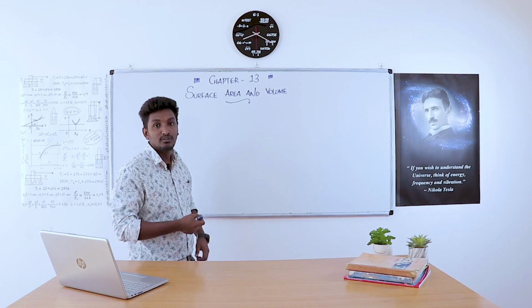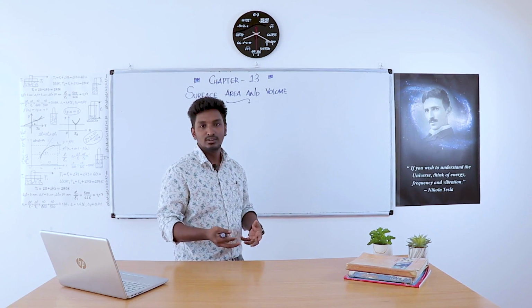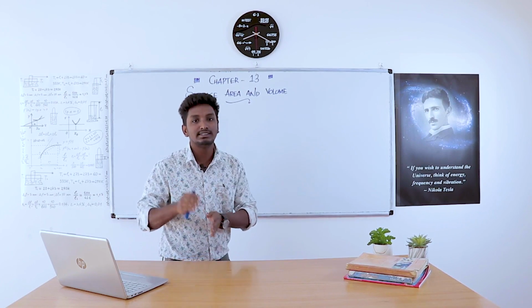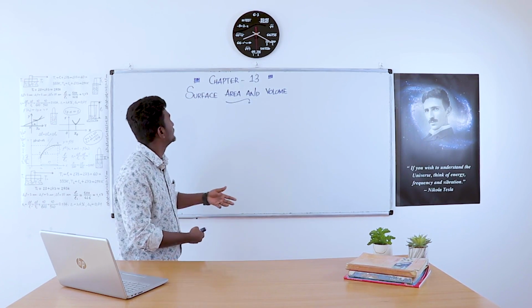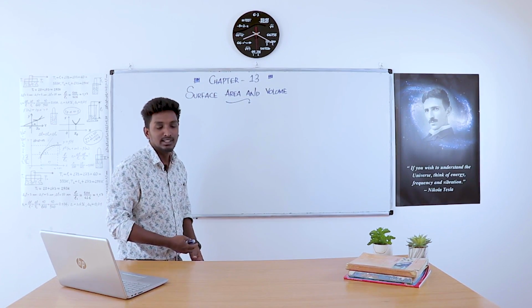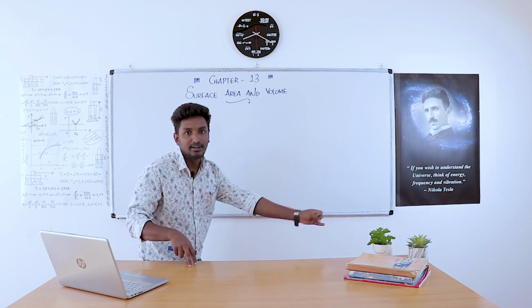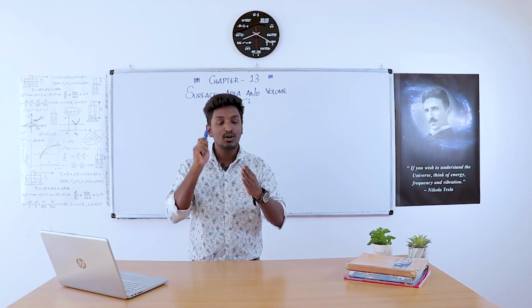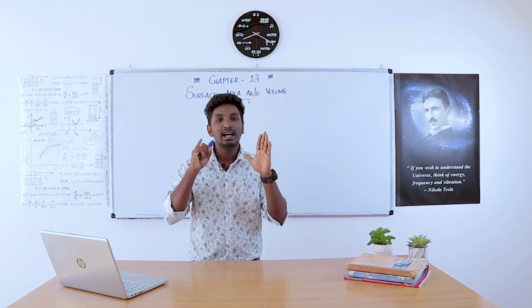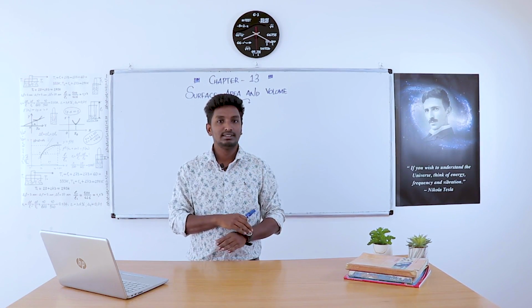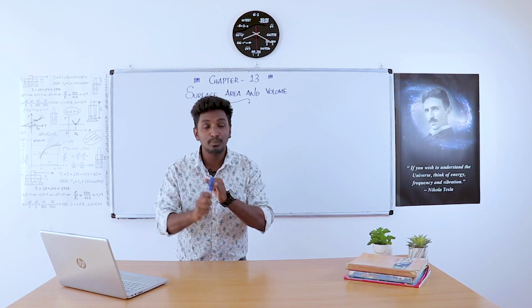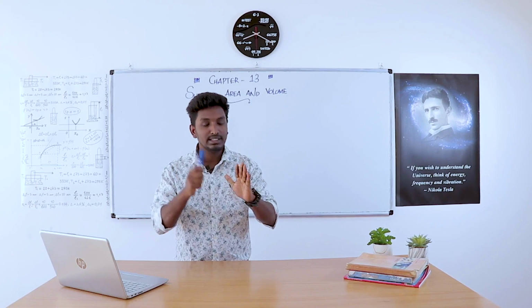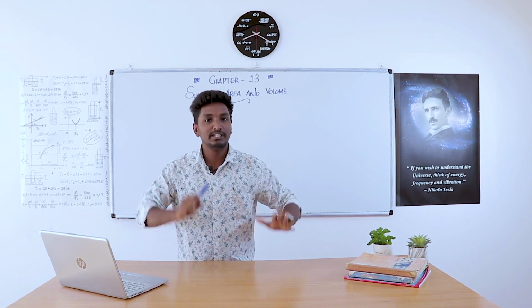For what all shapes or figures are we trying to find surface area and volume? In this chapter, we have cube, cuboid, cylinder, cone, sphere and hemisphere.